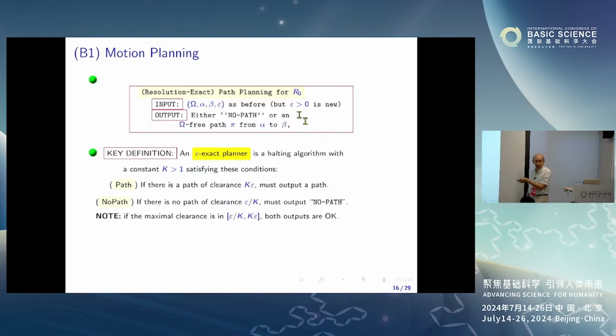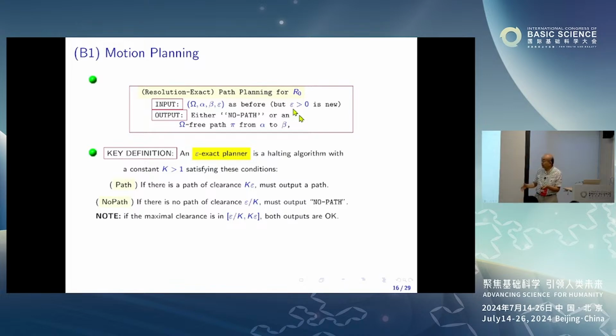K, which is positive, say K, and if there's a path of clearance, you, okay. To make it okay.